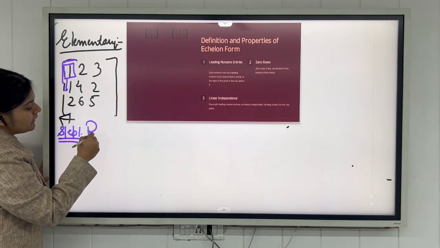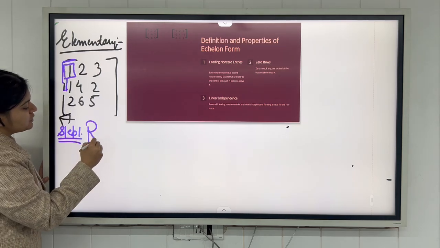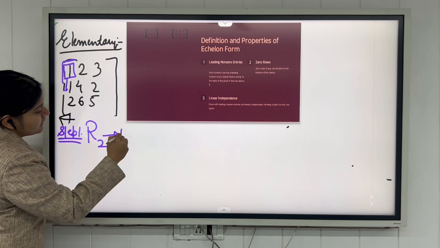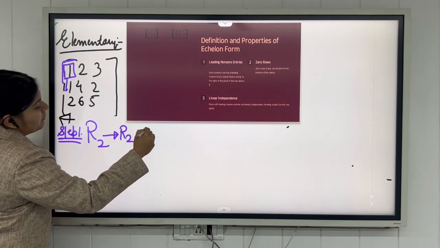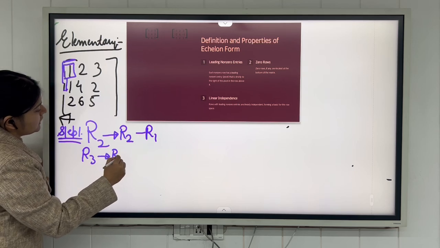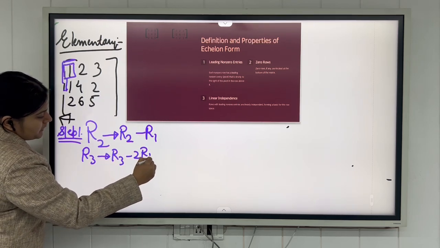To do that, I would recommend applying R2 implies R2 minus R1 and R3 implies R3 minus 2 times R1.